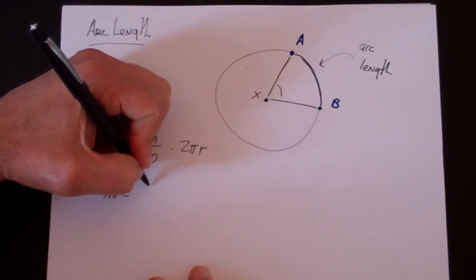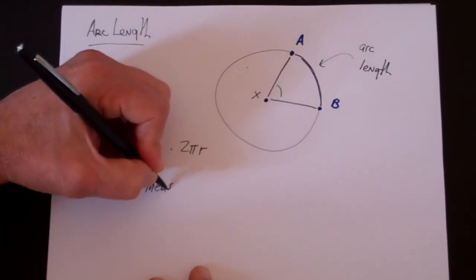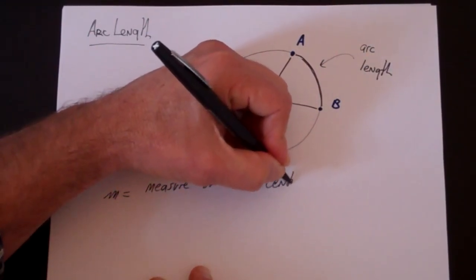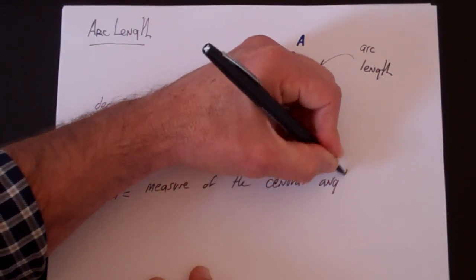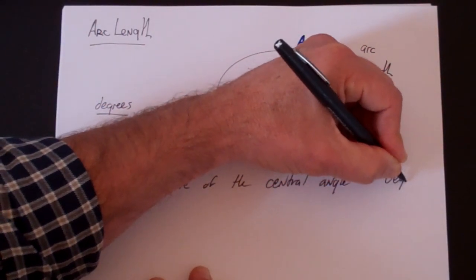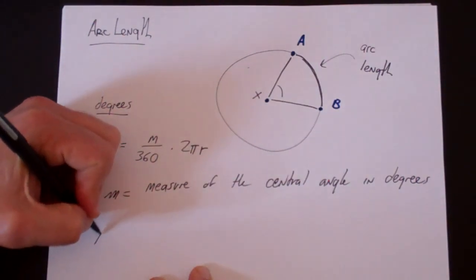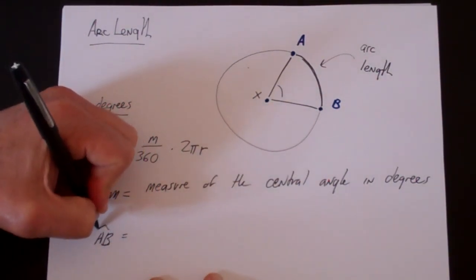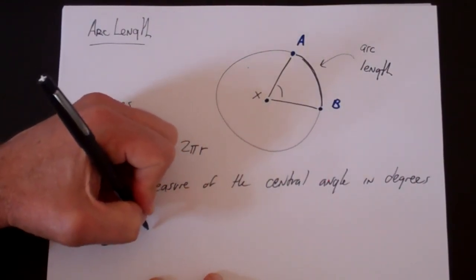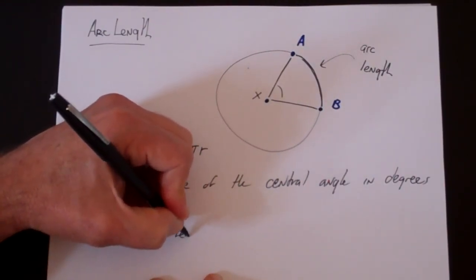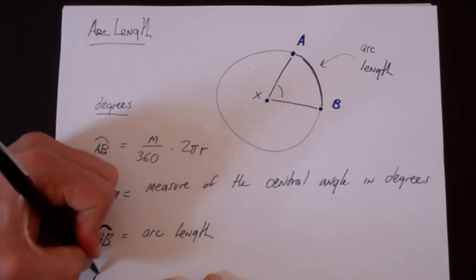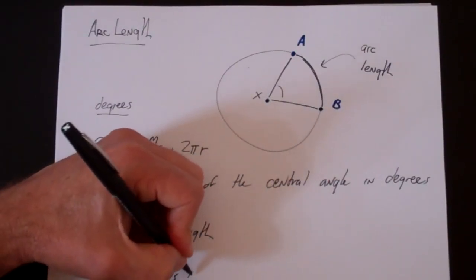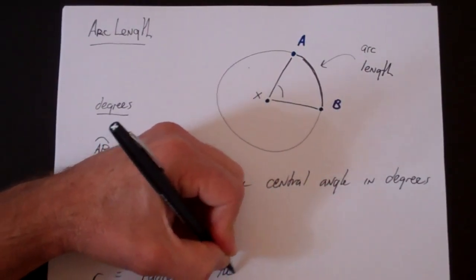It's called the central angle. AB is defined as the arc length. And r is the radius, the measure of the radius of the circle in length.